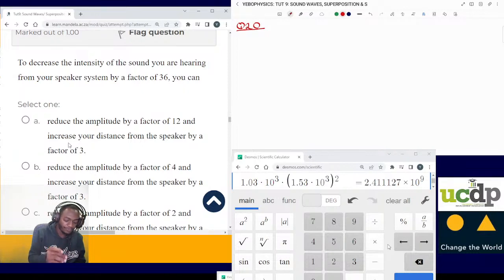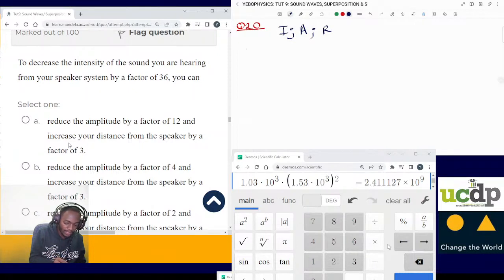Right, so what do we know about intensity? Our equation should link intensity, amplitude, and distance.